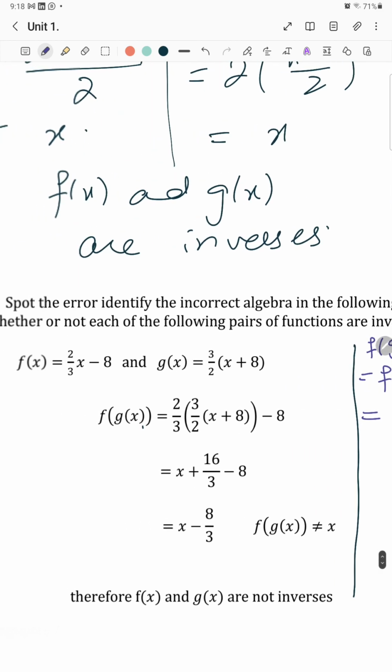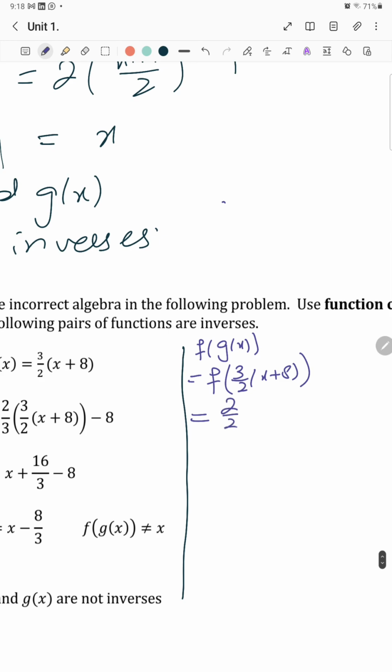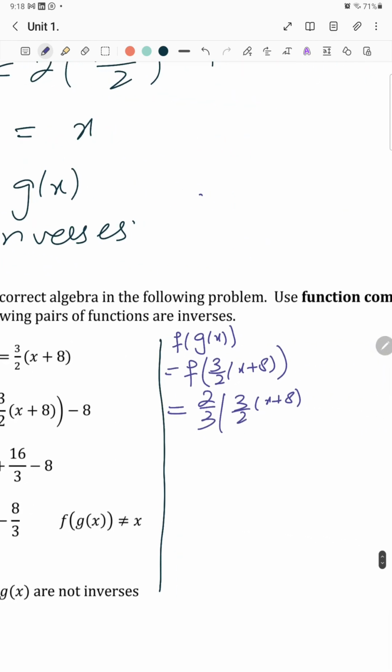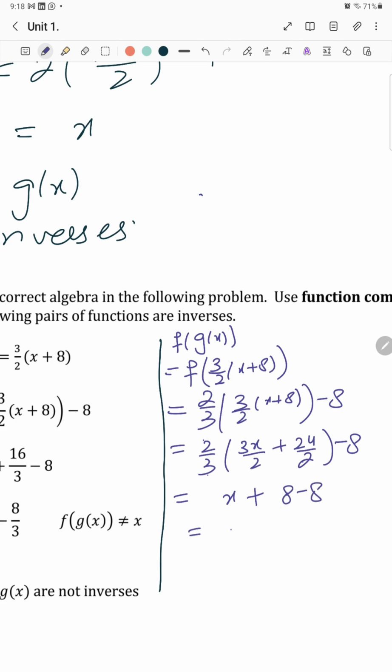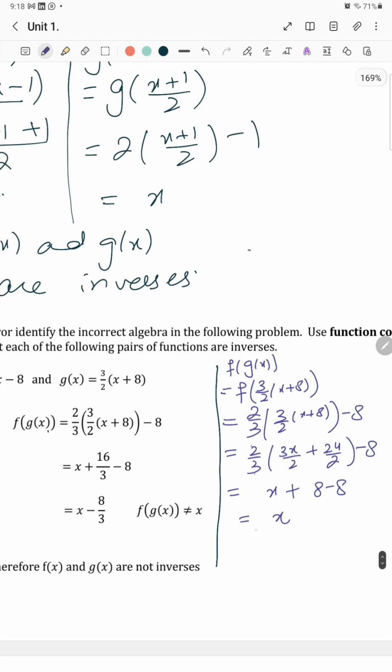Now this is x, so we need to put over here 2 by 3 x minus 8. Okay. So f g of x is giving us x.